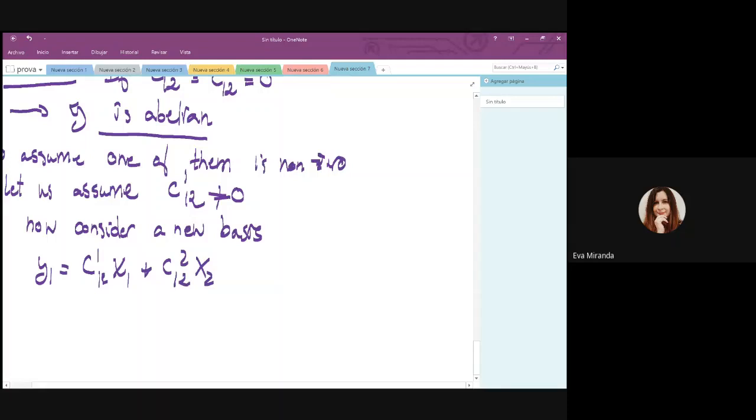So this y1 is an element of the Lie algebra, and we are assuming that the first element is different from 0.